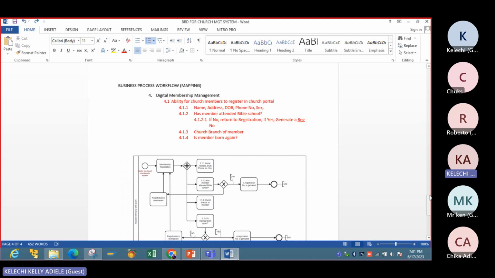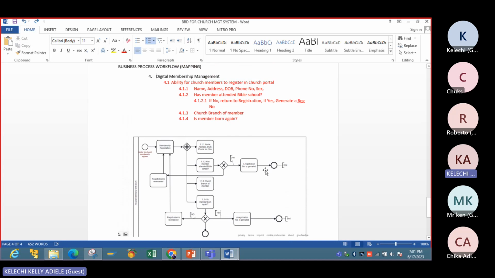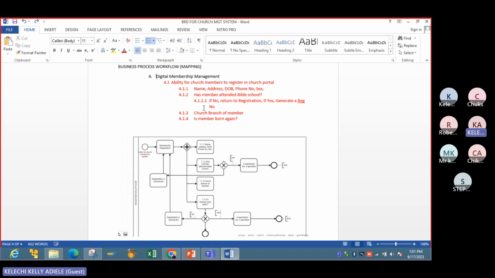So in a real-life scenario, they will tell you to present it like this so that they can present the activities one after the other. If they are done with designing this process, they sign off on it. Do you understand why you have to break it down? It's also easy for the technical team to track everything inside here.